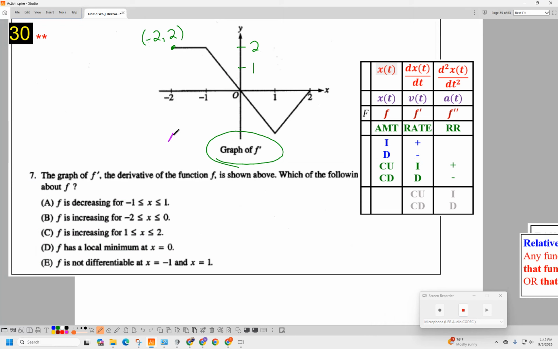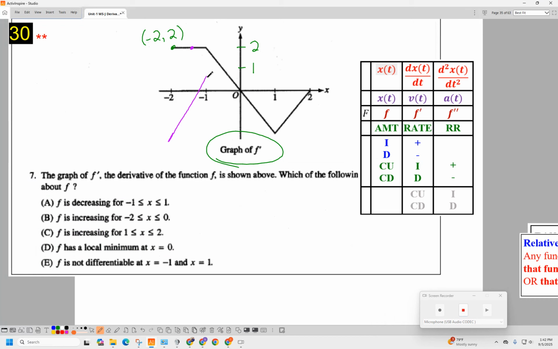Now we move over. We go to this point. That y value is still 2. That means on the graph of f, the slope would still be 2. So the slope on f is always 2 until I get to x equal negative 1.